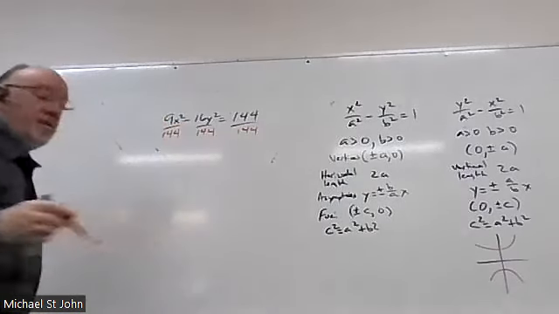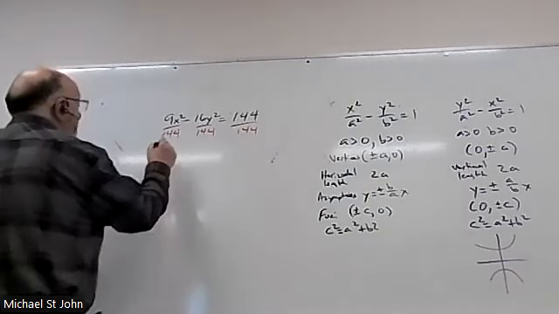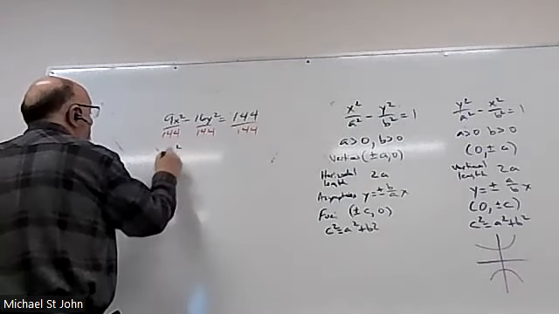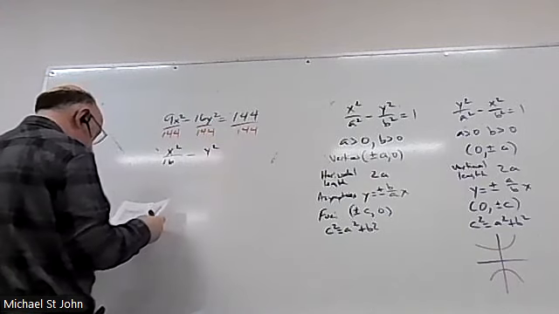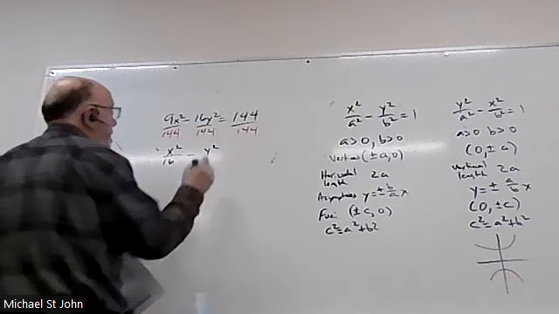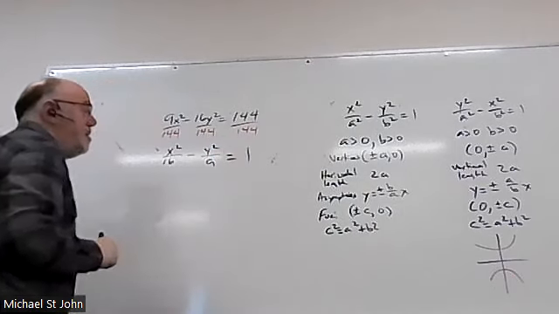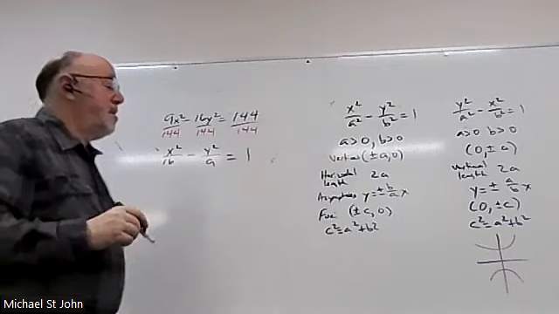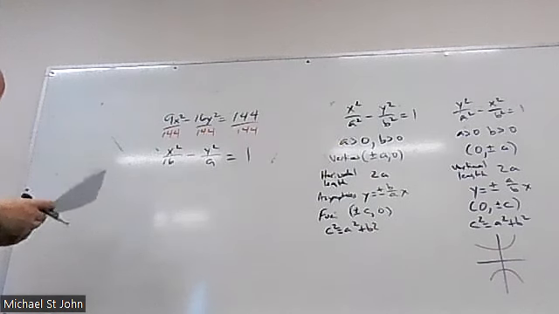Right? And then if this works out nicely, this is going to be x squared over 16 minus y squared over 9. And that equals 1. Right? So we're in this form, which means we're centered around the x-axis.